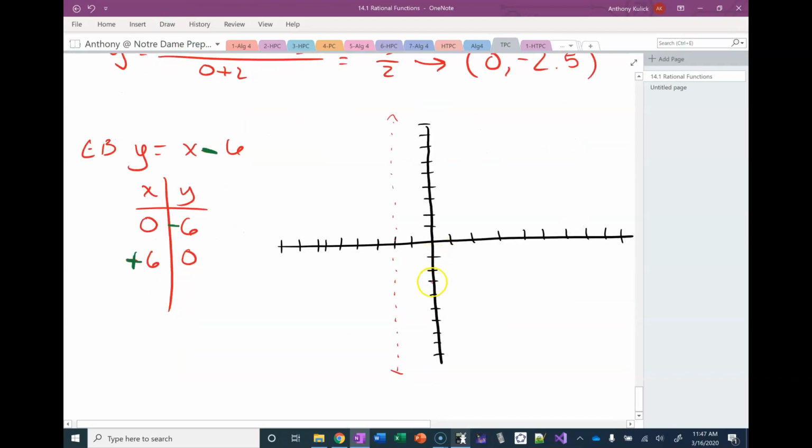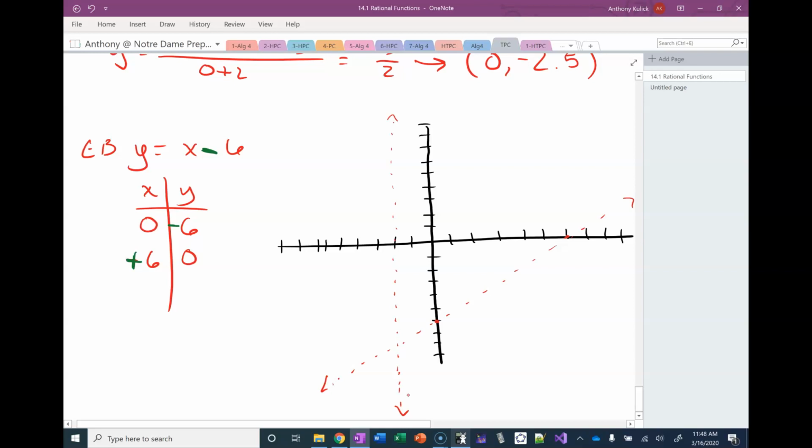All right, so let's draw in those points. So 1, 2, 3, 4, 5, -6. 1, 2, 3, 4, 5, +6. So there's my other asymptote. I'm going to need to make that a little bit longer. Okay.